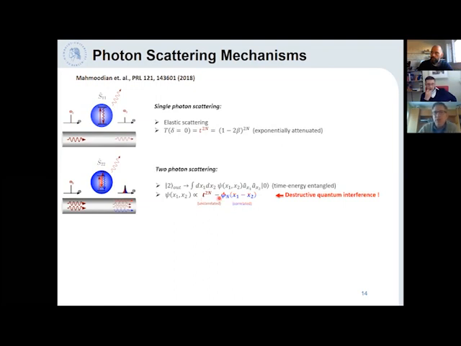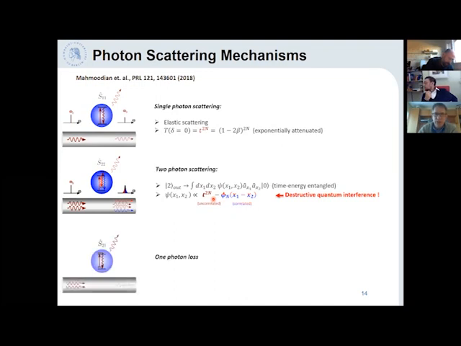And this means that there is destructive quantum interference between the transmitted two-photon component and the scattered two-photon component, which is correlated. And in addition, the correlated part has a broader spectrum than the transmitted part, where the transmitted part is just the laser line width, it's the laser photons which did not interact with the atom, okay?